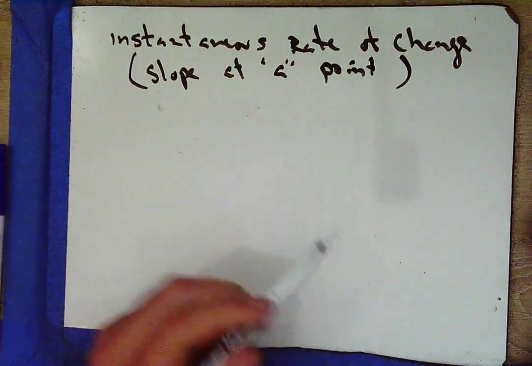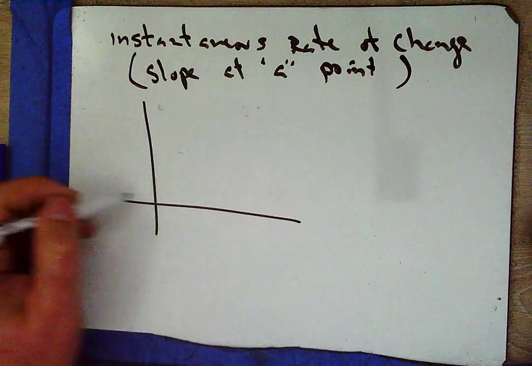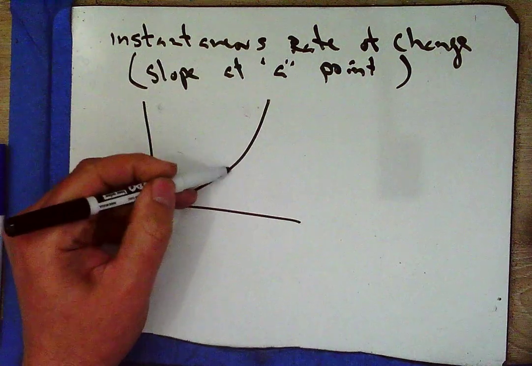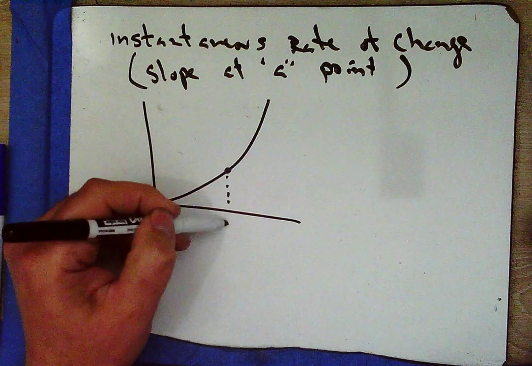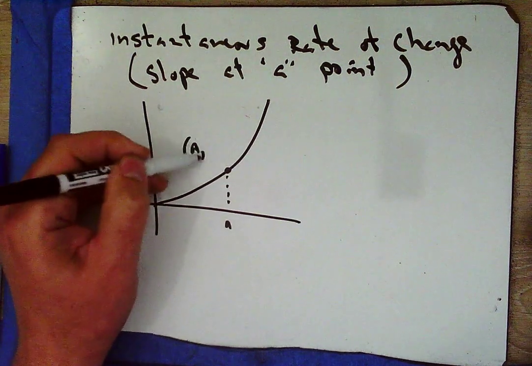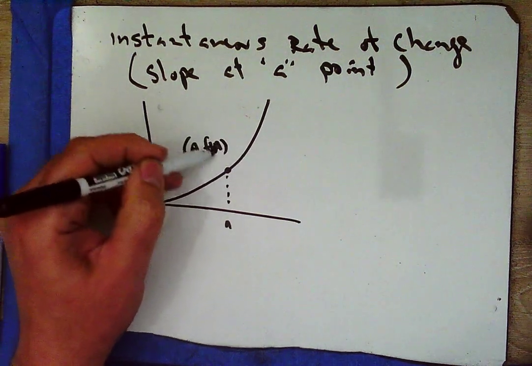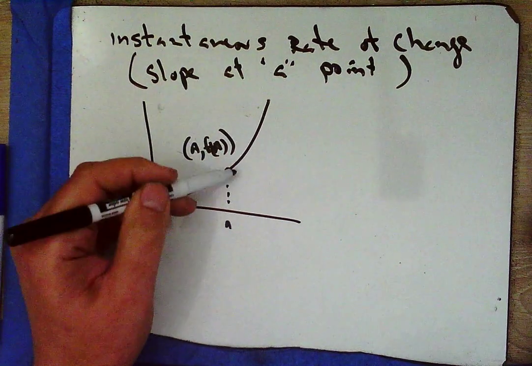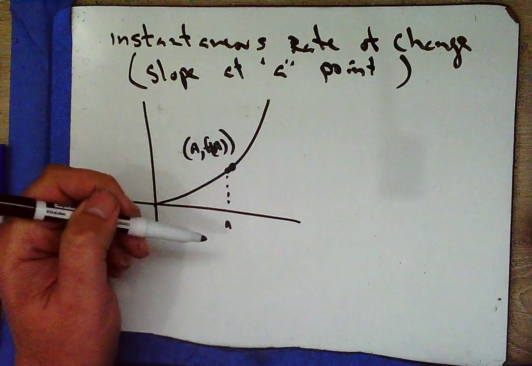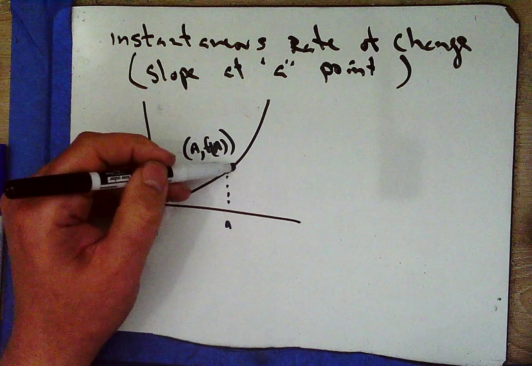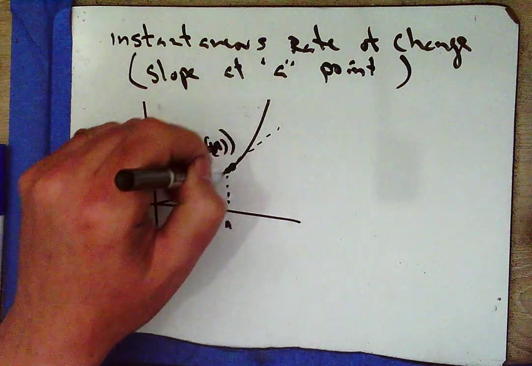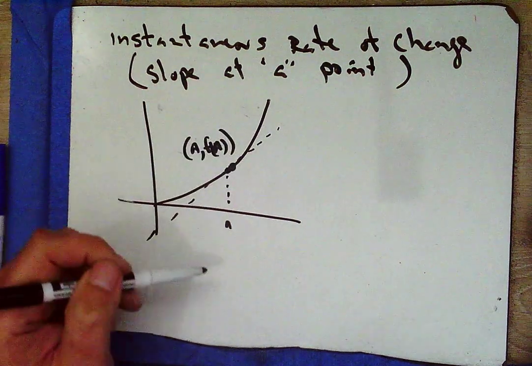So in the past, we got this function, and I want to know the slope here at A, where there's the ordered pair A, f of A. And so we would pick this point, wicked close to that point, and imagine that we could find the slope between those 2 points.